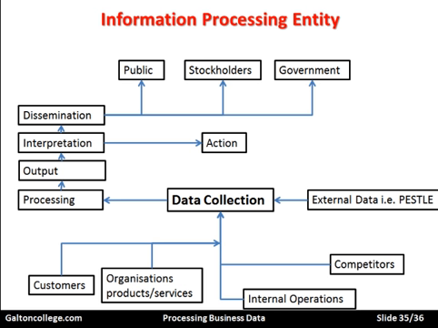So there are many parts to the data collection process. The type of data, the type of processing, the interpretation, the action that's going to be taken as a consequence of the information that's discovered from processing the data, and then disseminating the outcomes to relevant parties, to the public, to the employees, to the trade union, to the managers, to the government.